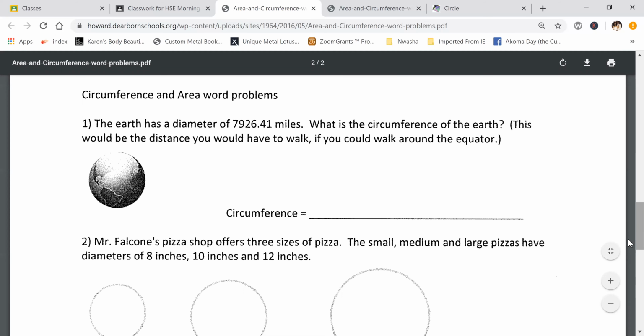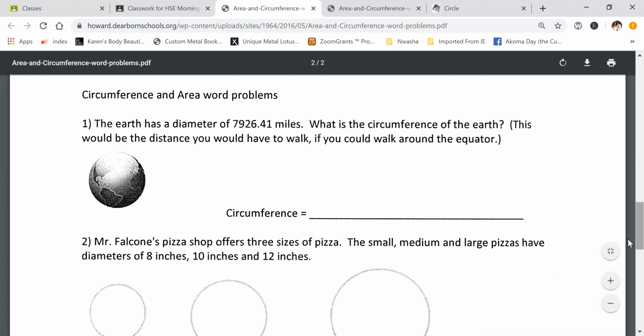So that becomes pi times the diameter. Yes, you're just multiplying 7,926.41 times 3.14.